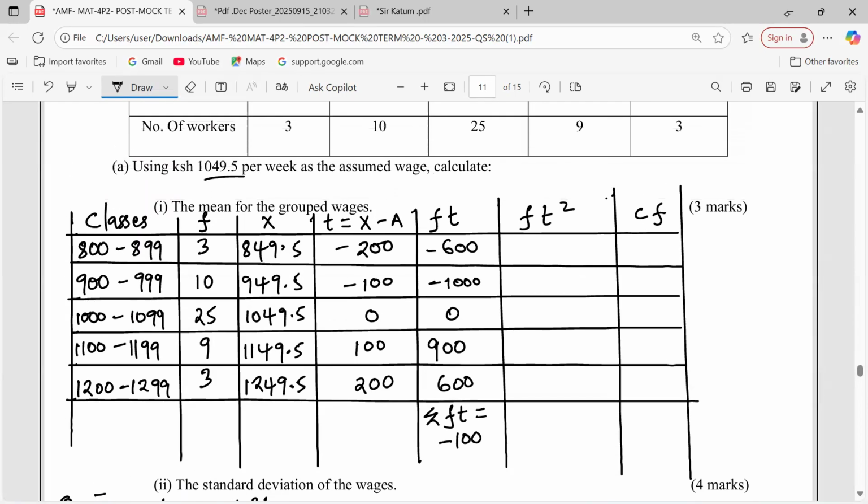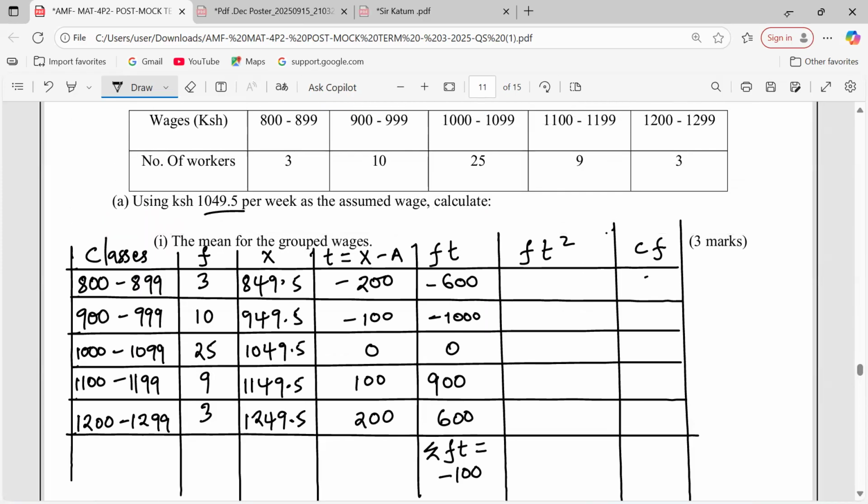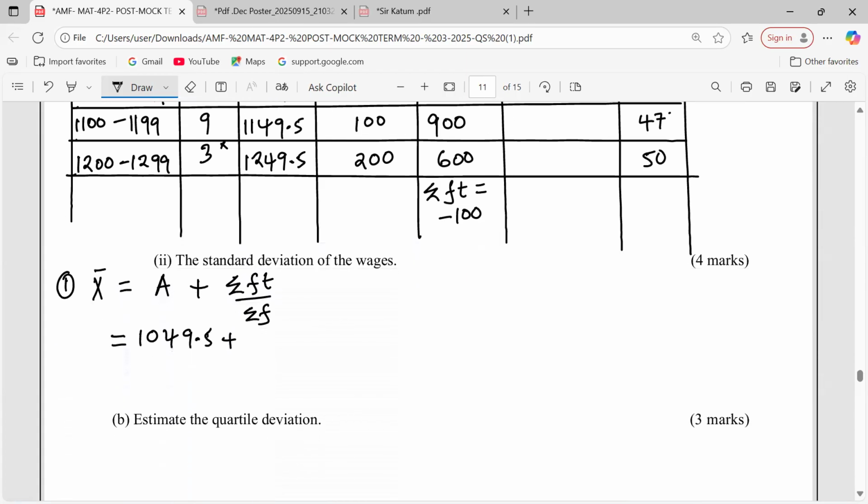Then when we add up the frequencies, the first frequency is 3, the second frequency is 10, so you add to get 13. 13 plus the next frequency, 25, gets 38. 38 plus the next, which is a 9, we get 47. 47 plus the last, which is a 3, we get 50. So frequencies are totaling to 50, just as we had been told. So negative 100 over 50 will give us 1049.5 plus a negative 2, giving us 1047.5.